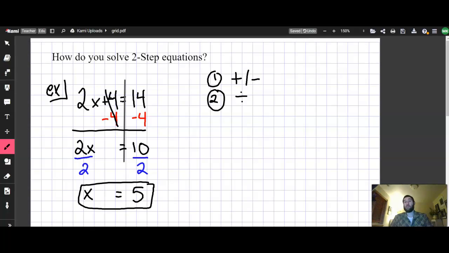So, ladies and gentlemen, a couple of things that I want to point out. In this problem, we took care of our addition and subtraction first. The best way to track that is to organize your work. These are pretty easy, nice, simple numbers, which is absolutely wonderful. But remember, I'm not teaching you how to just work with easy, simple numbers here. If the whole world worked with easy, simple numbers, the world would be a much easier place.